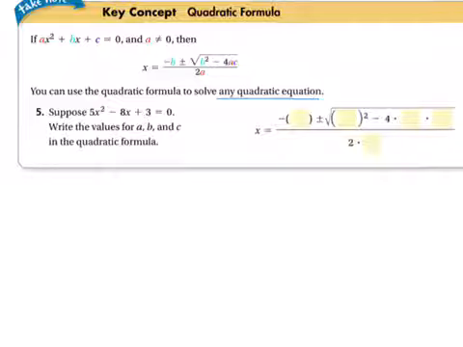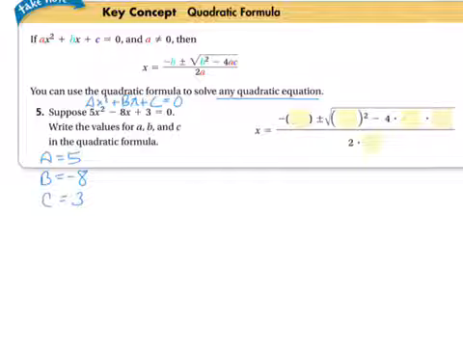First, make sure you have a quadratic equation. Then put it in standard form. Standard form is ax squared plus bx plus c equals 0. In this case, our a would be 5, our b is a negative 8, and our c is 3. So our formula will be negative negative 8 plus or minus the square root of negative 8 squared minus 4 times 5 times 3 over 2 times 5.